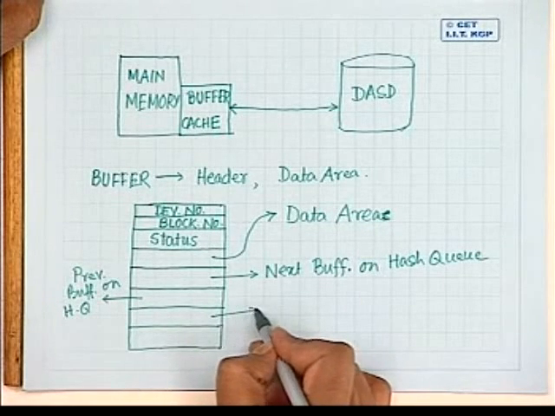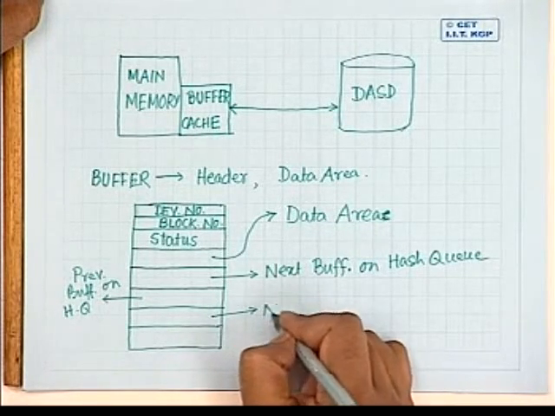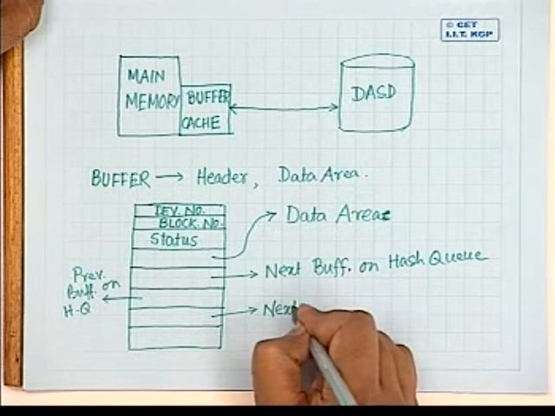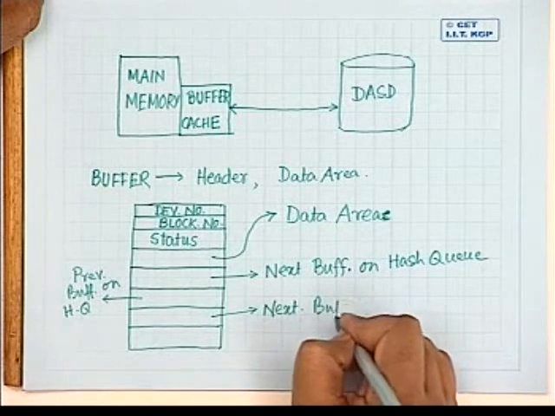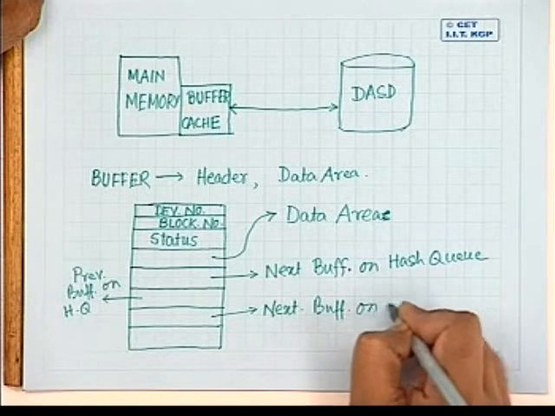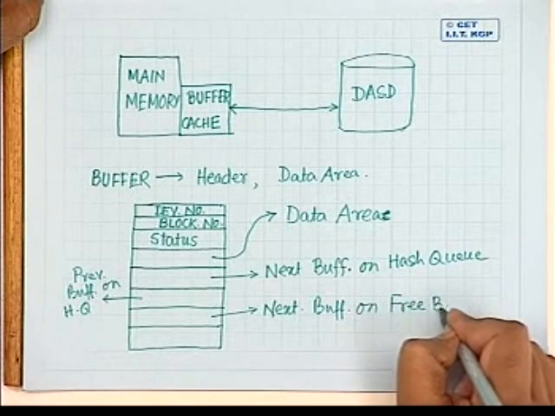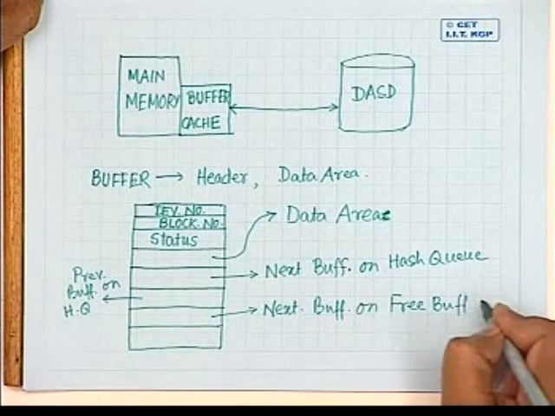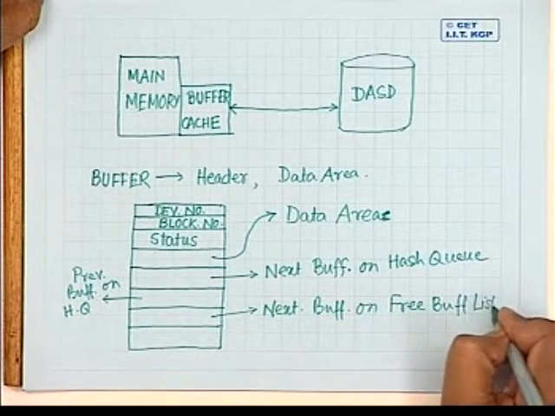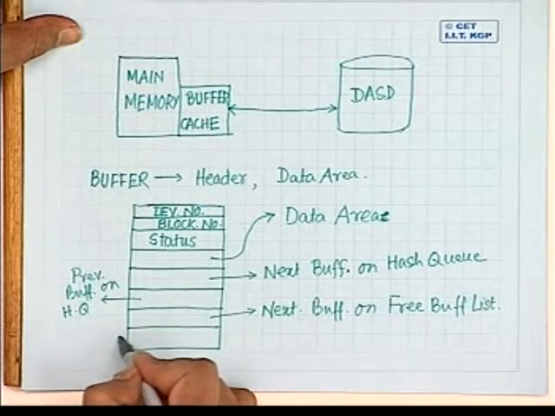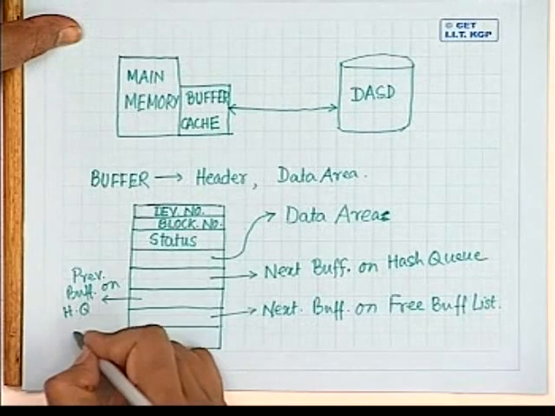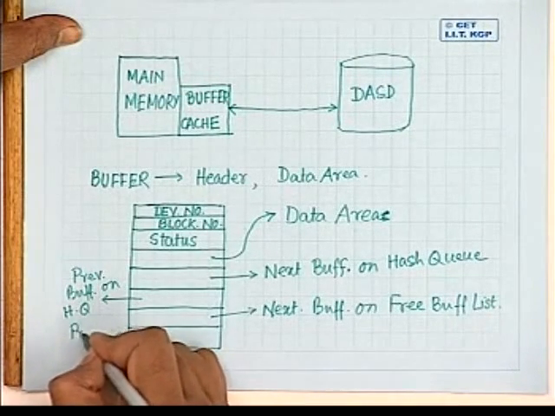This pointer will point to the next buffer on the free buffer list. I'll explain each of these later. And this points to the previous buffer on the free buffer list.